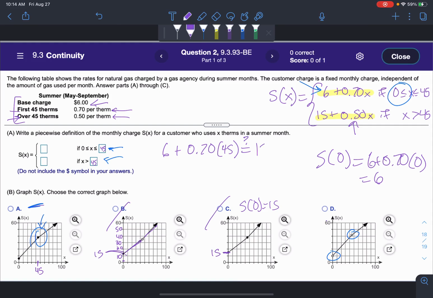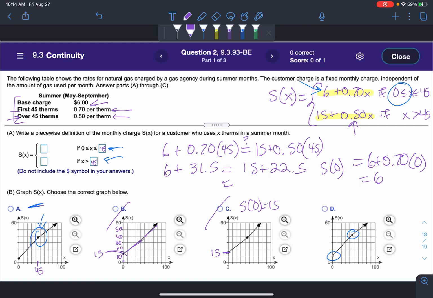So is it equal to 15 plus 0.50 times 45? If you do the math, I believe it comes out to be 6 plus 0.7 times 45, so this is 6 plus 31.5, and this is 15 plus 0.5 times 45, so 15 plus 22.5.